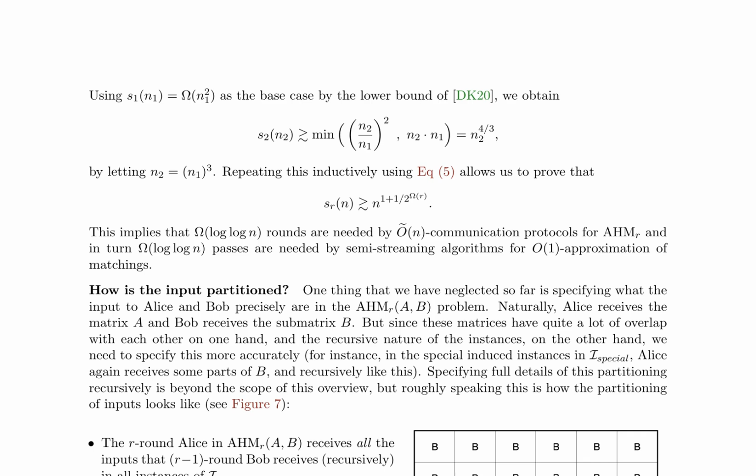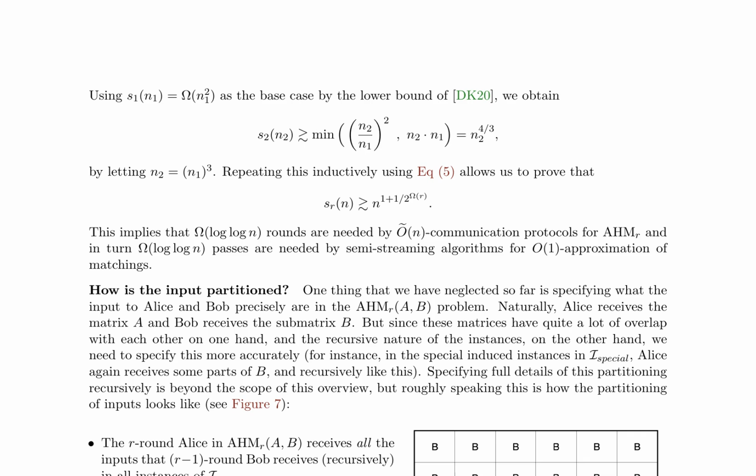The authors establish a lower bound on the number of rounds required by o(n) communication protocols for the approximate hypergraph matching (AHM) problem. They use the lower bound of DK20 as a base case and prove that S_R(n) is at least n^{1 + 1/2 Omega(R)}, implying that omega log n rounds are needed for AHM, and omega log n passes are needed for semistreaming algorithms for O(1) approximation of matchings.